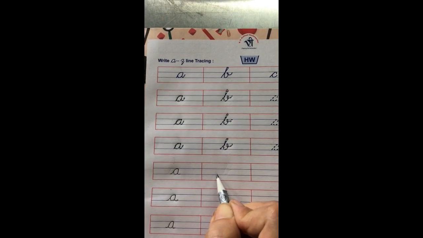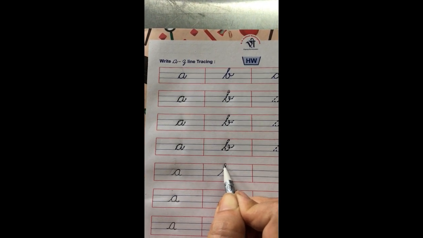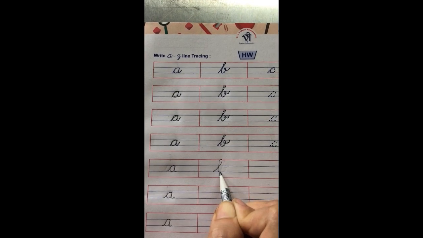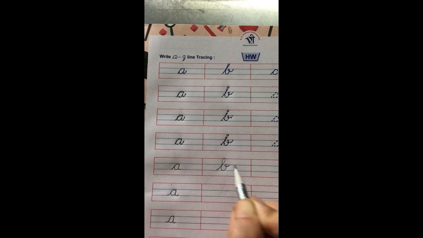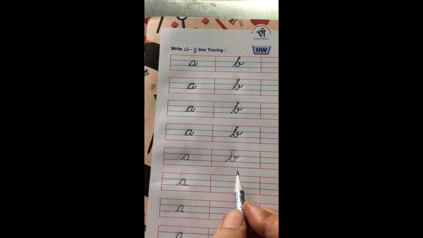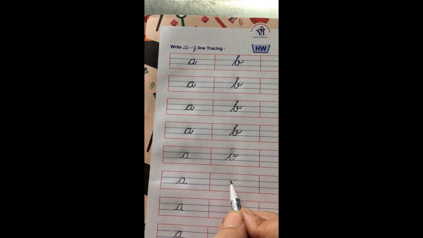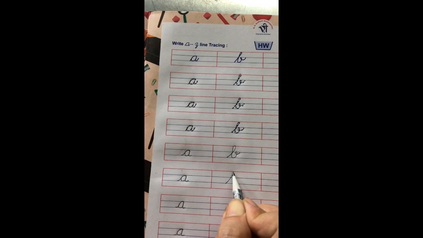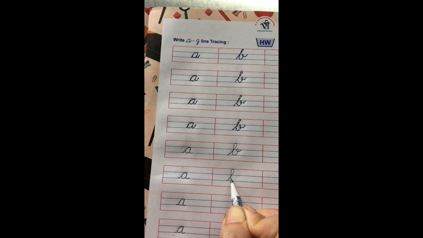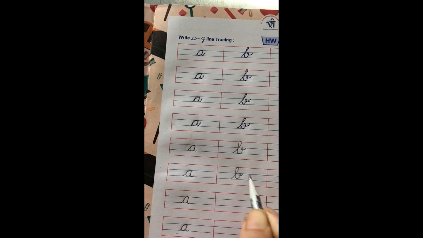Start from here, go to the red line, turn, down, up and round. Nice, all of you write in good handwriting. Up, down, turn and round.